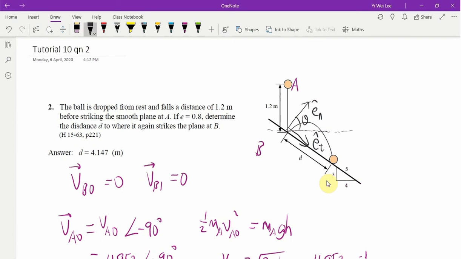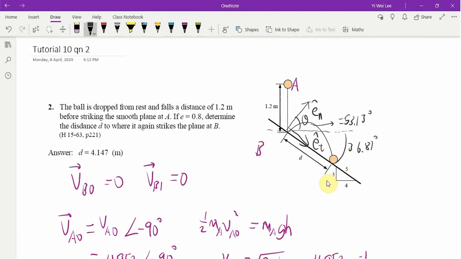Through some trigonometry manipulation, we can see that this angle here is equal to 36.87 degrees, and so this angle theta is equal to 90 minus 36.87, which is 53.13 degrees.